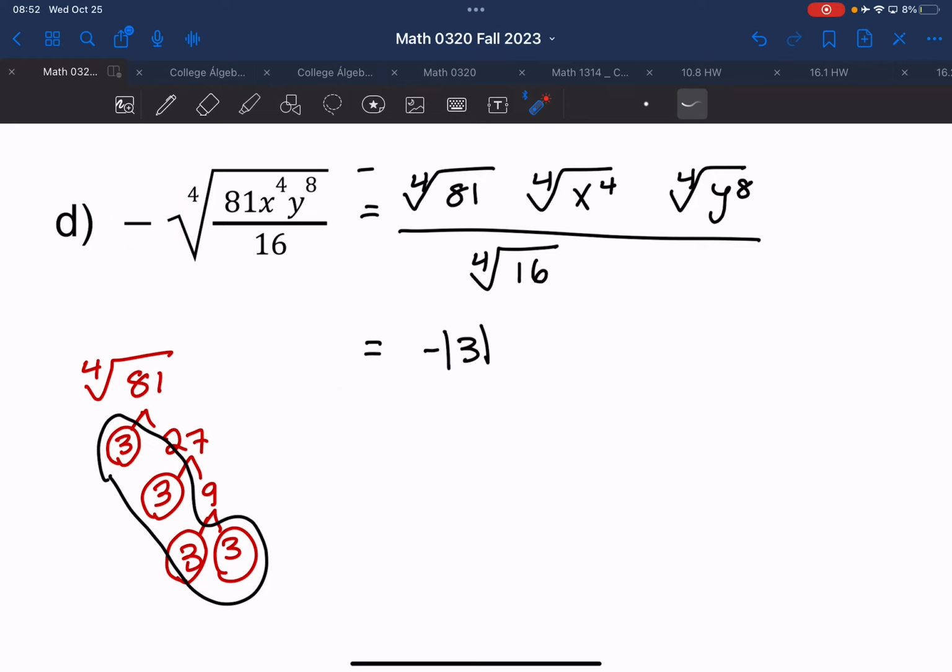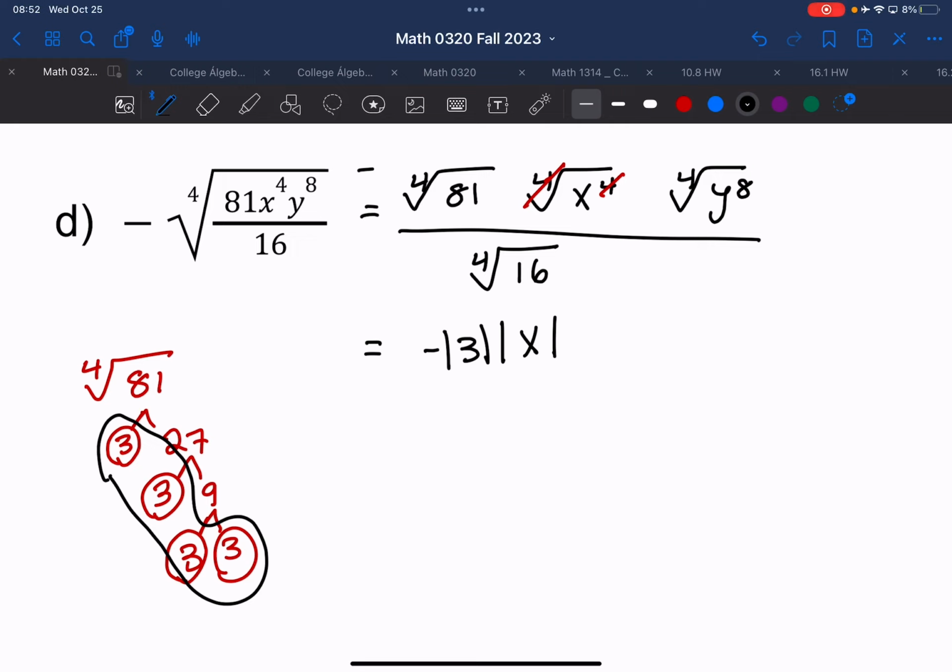We have the 4th root of x to the 4th. What's going to be the answer here? X. And is that x going to be in absolute value bars? Yes, so absolute value, x. Okay. How could we rewrite y to the 8th so we would be able to cancel out that 4th root? Y to the 4th times 2. Y squared?